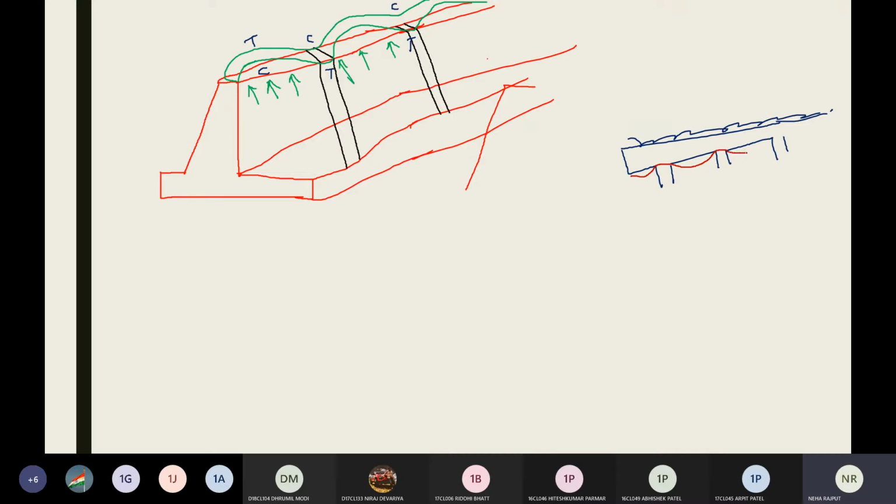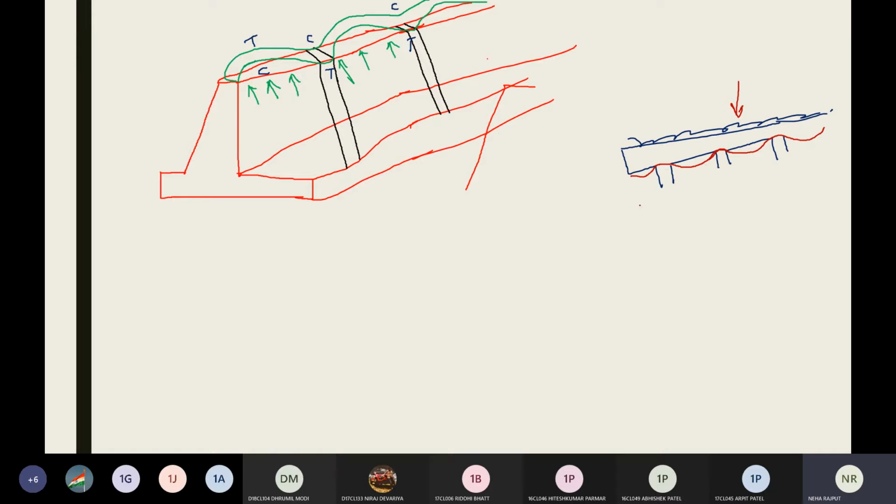Sagging, hogging, sagging. But right now you are seeing from this side, so you are getting this like this, right? So at the support you are getting the hogging moment. Here also it is hogging moment. Load are from this side, so this will give the hogging moment.